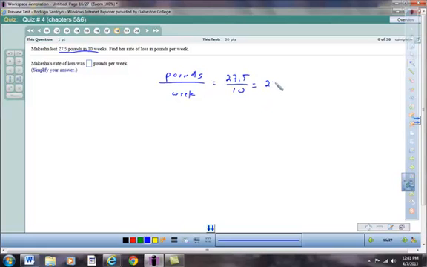So we could just divide. What's 27.5 divided by 10? Well, 27.5 divided by 10 is just 2.75. Nice problem. All we're really doing is just dividing those two there.